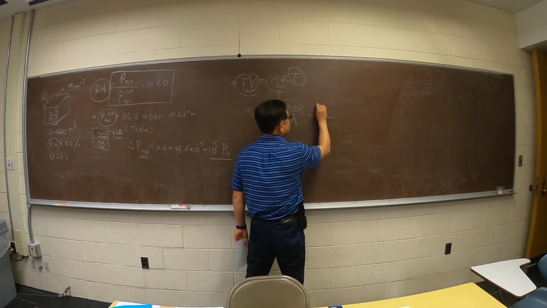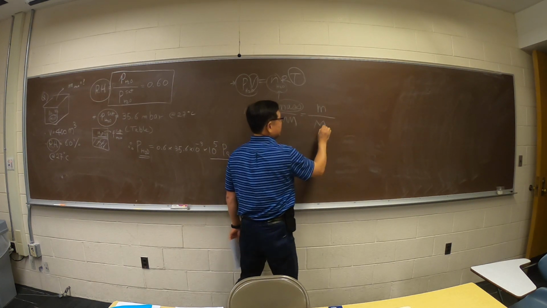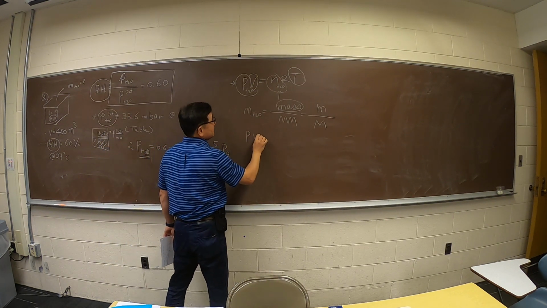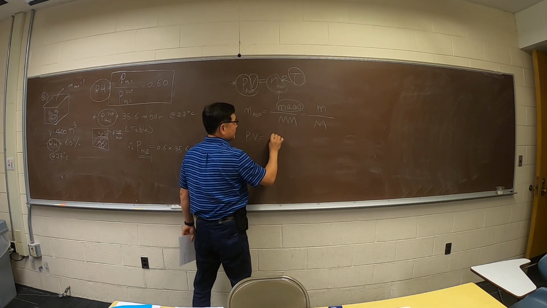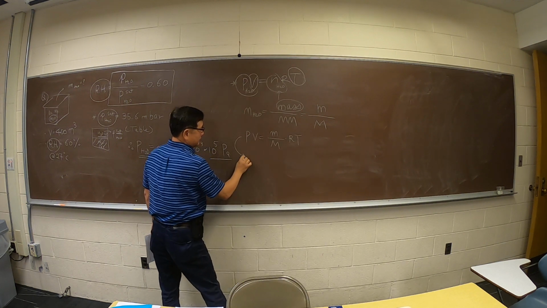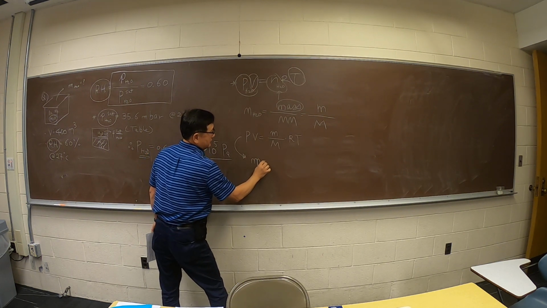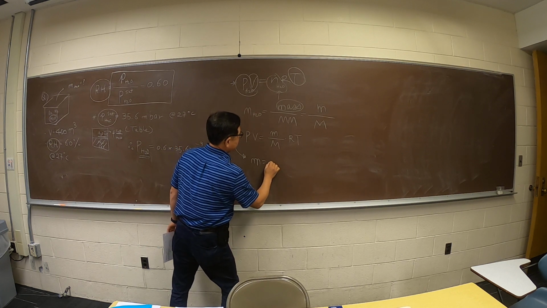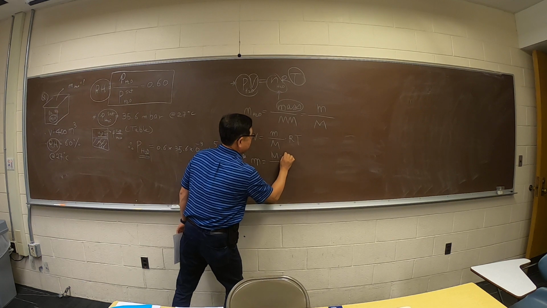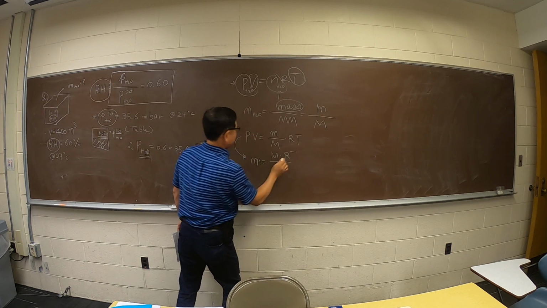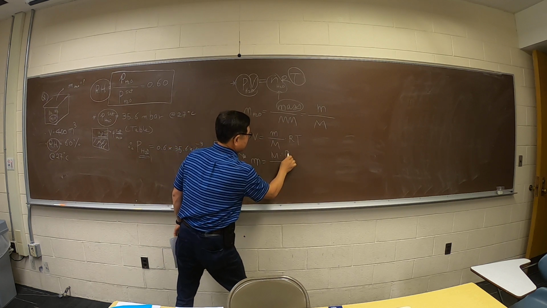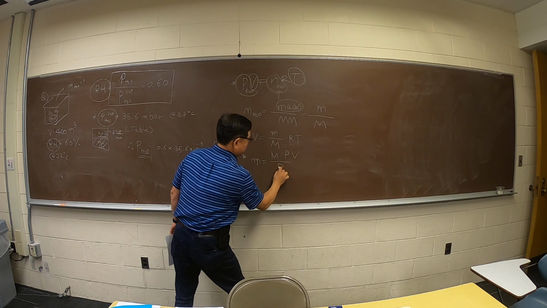So I'm going to use a symbol, small n, big M as a molar mass, and I'm going to plug that in. PV equals m over M, small n RT. And I want to rearrange this equation so that mass m is M times PV divided by RT.